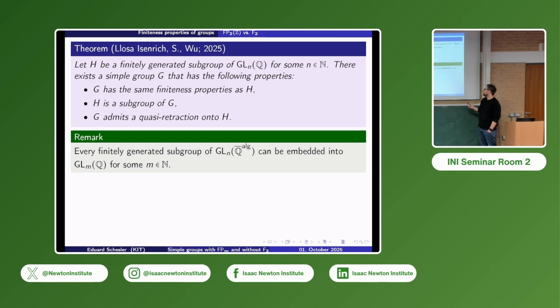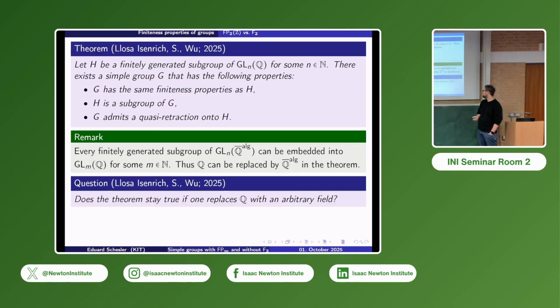As I remarked, we could replace Q by its algebraic closure. There's an easy trick of embedding finitely generated subgroups of GL_n(Q-bar), the algebraic closure, into GL_m(Q) for m an appropriate multiple of n. But the technique does not work if we include transcendental elements.